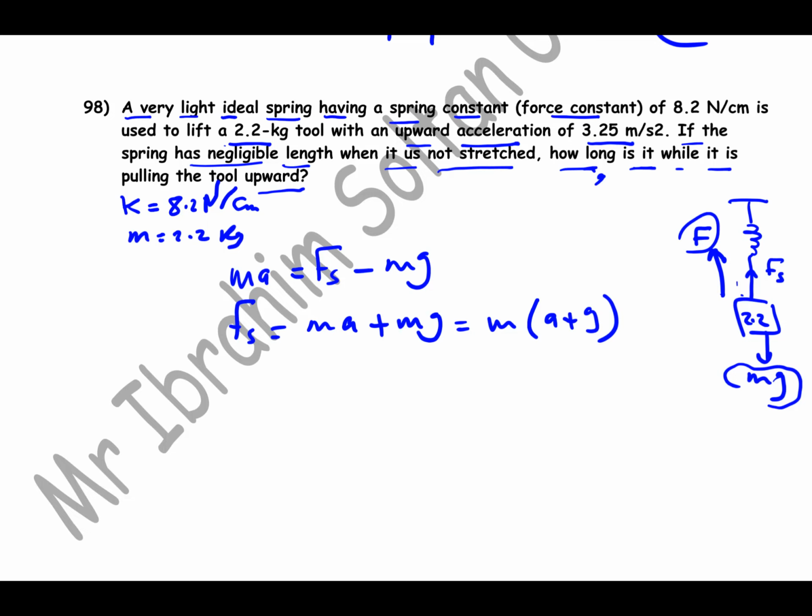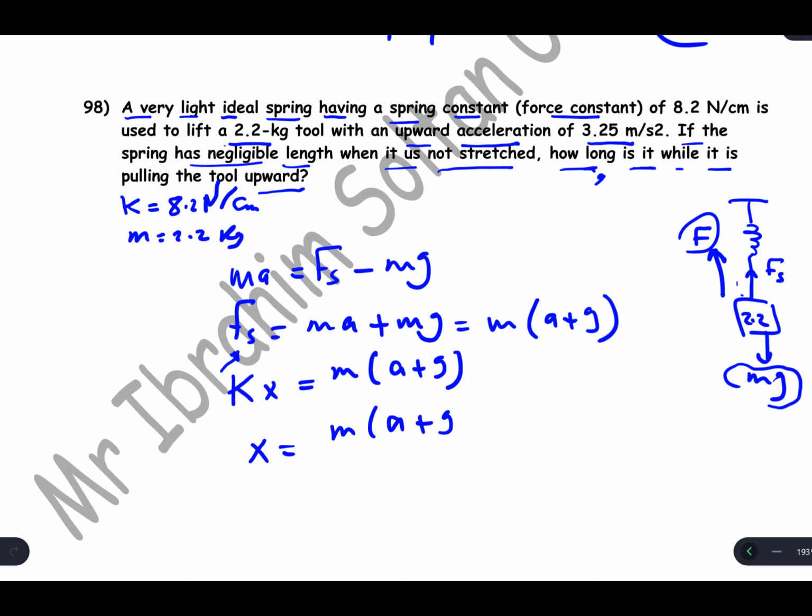Right, guys? And if F spring equals Kx equals m times a plus g, right? So X equals m times a plus g over K.